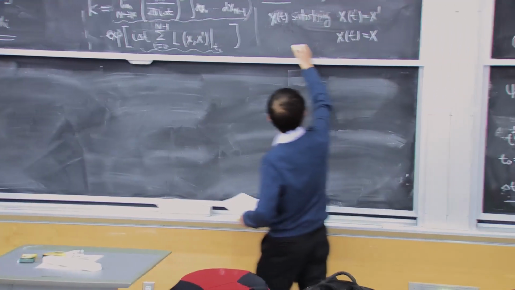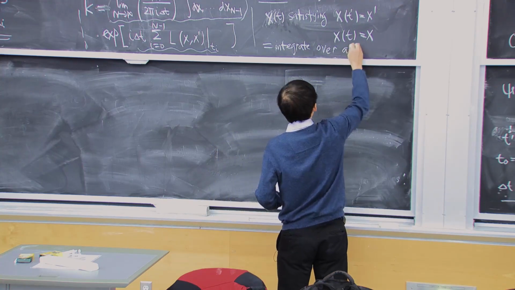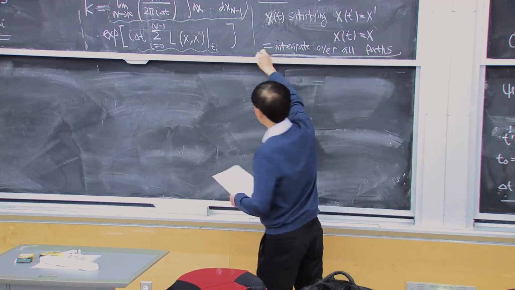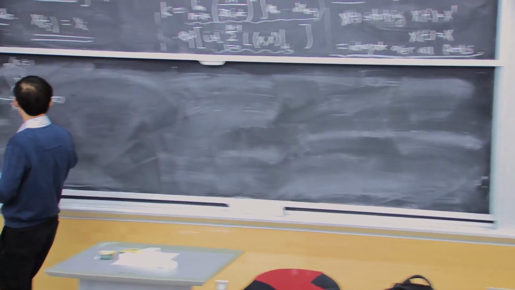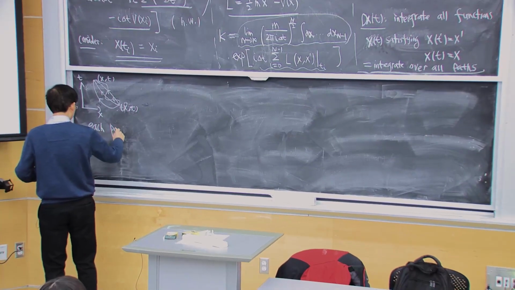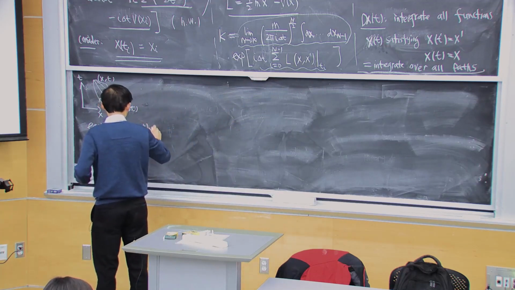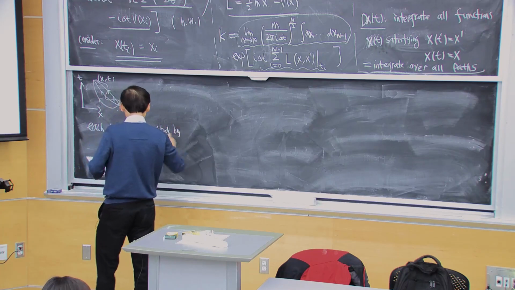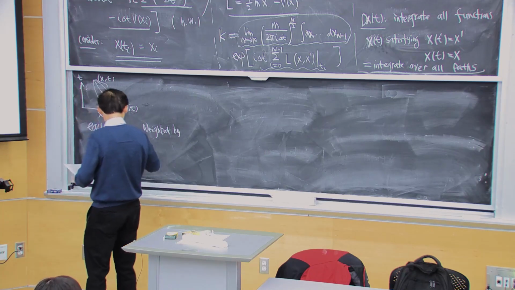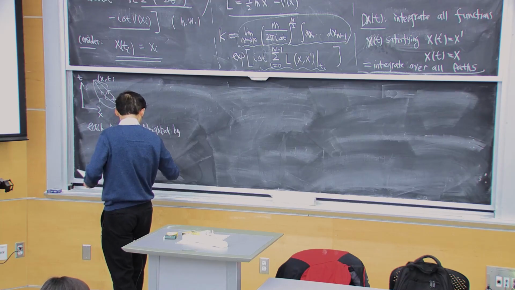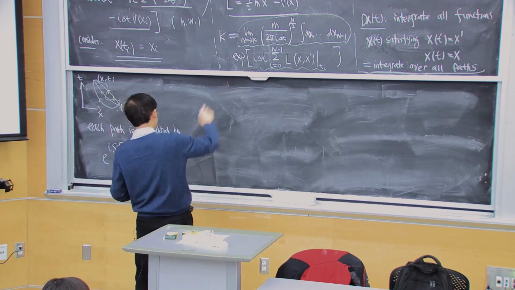And each path is weighted, the integrand is weighted by the exponential of i times S, and S is just your action, again from t prime to t.